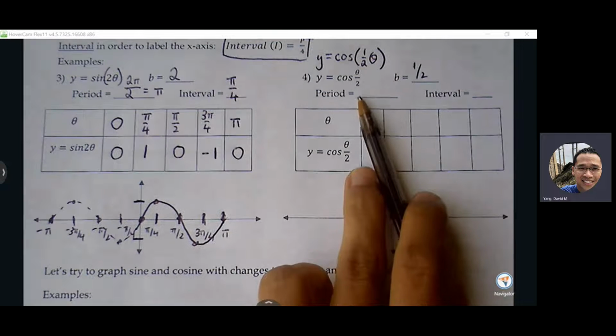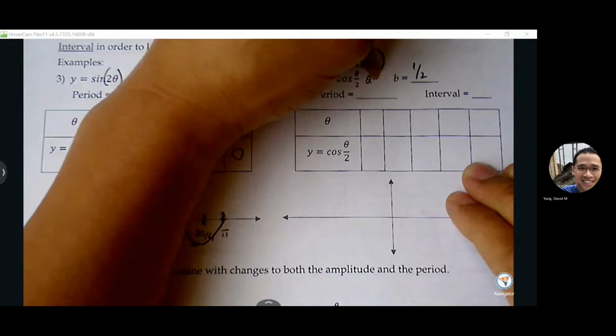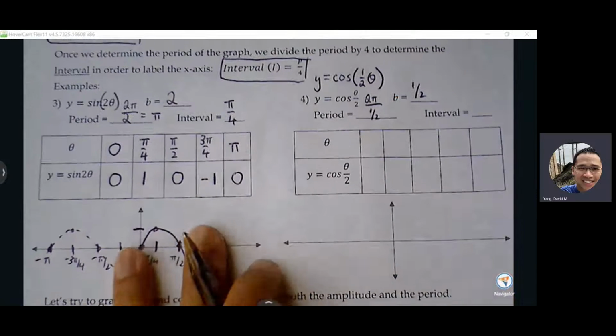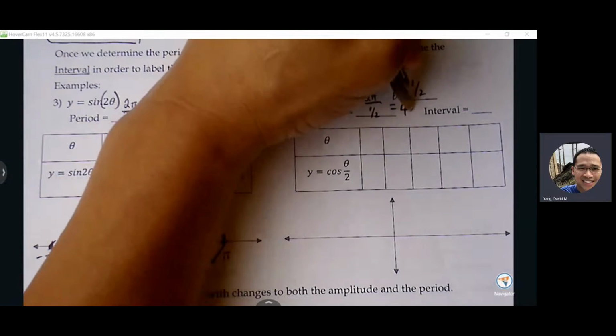Okay. What's the formula for finding the new period? 2 pi divided by b. Now, dividing by a fraction is the same thing as multiplying by the reciprocal. So 2 pi divided by 1/2 is the same thing as 2 pi times 2, which is 4 pi.